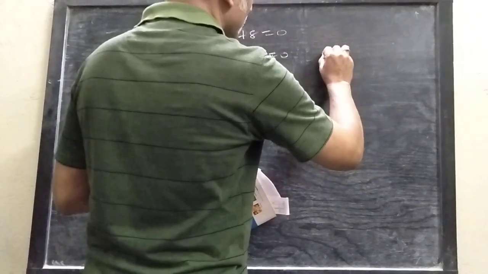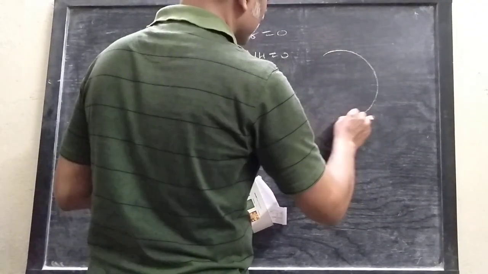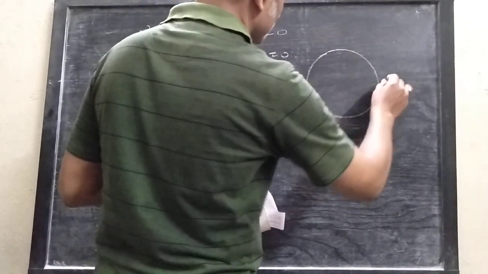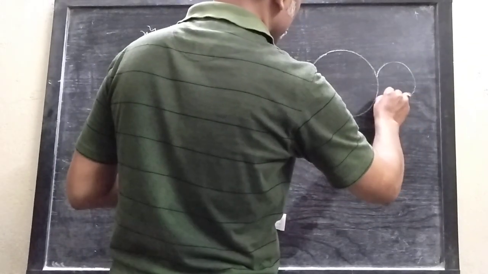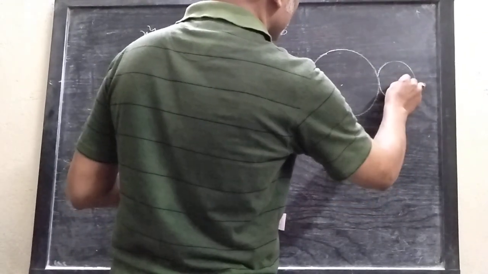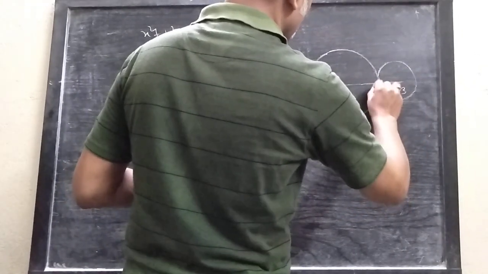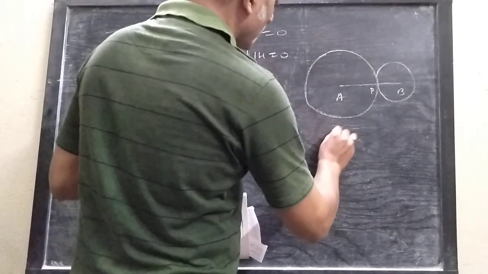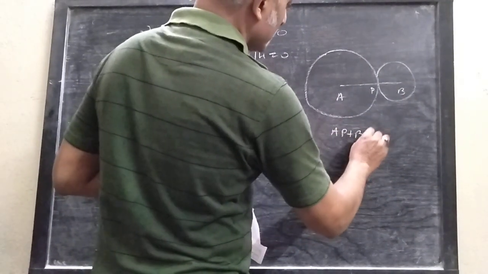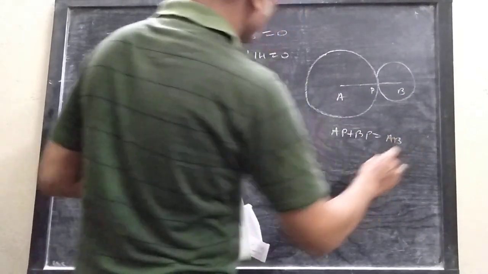Consider two circles touching externally. So when they touch externally, then you must have AP plus BP equals AB.